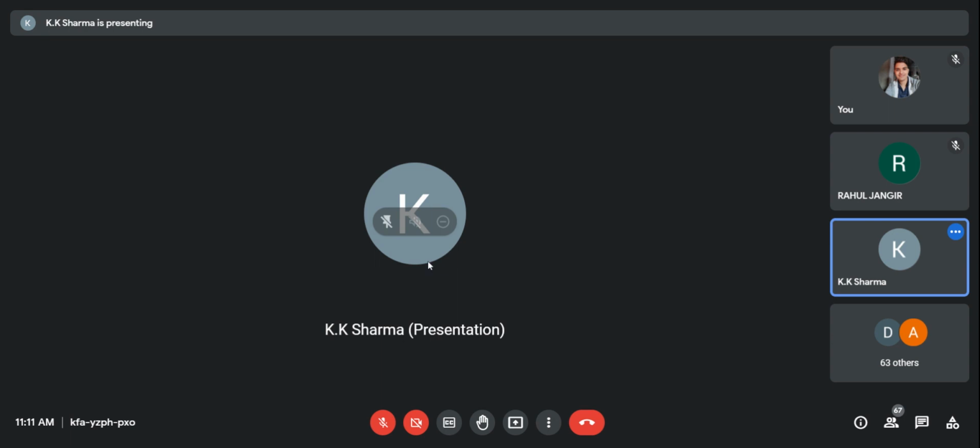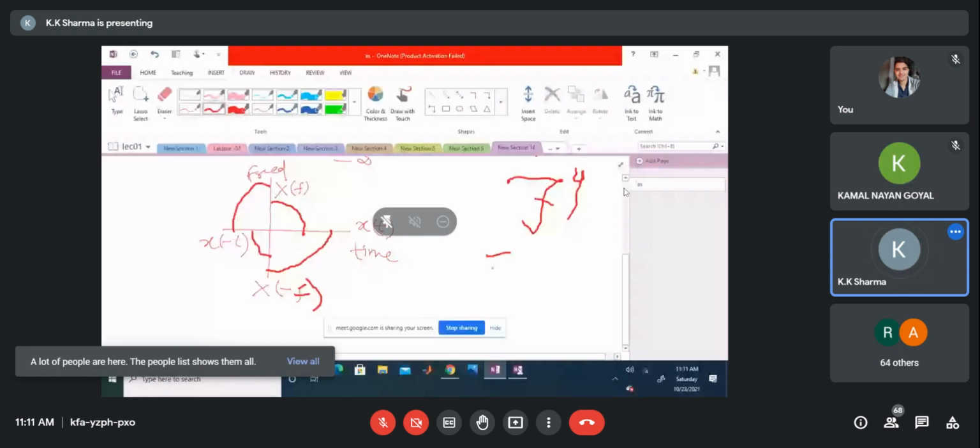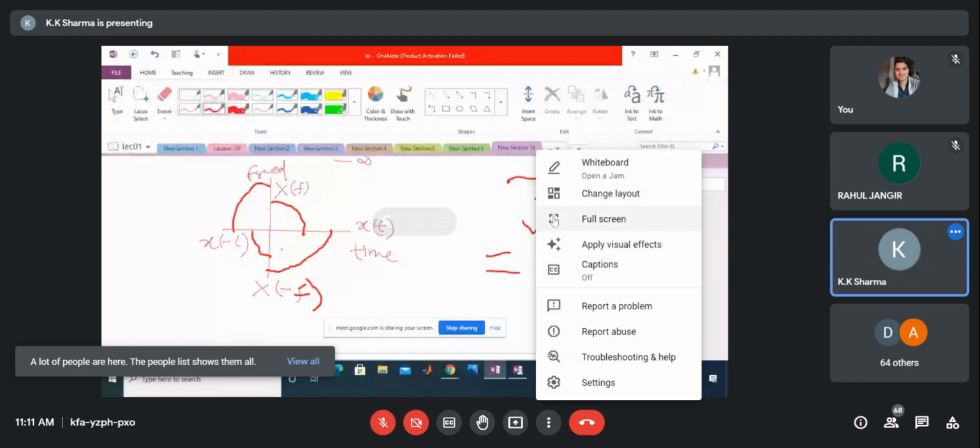You will obtain x. Is that clear? So taking 4 consecutive Fourier transformations of a signal from this diagram, what will you get?